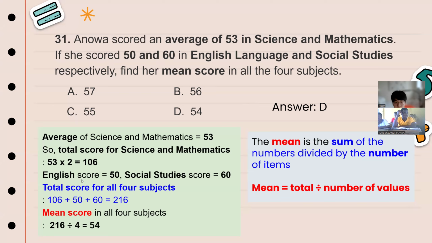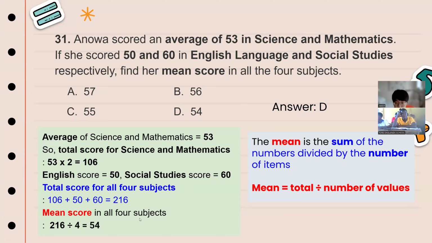And you add the score for English, 50, and the score for social studies, 60. So 106 plus 50 plus 60 is 216.